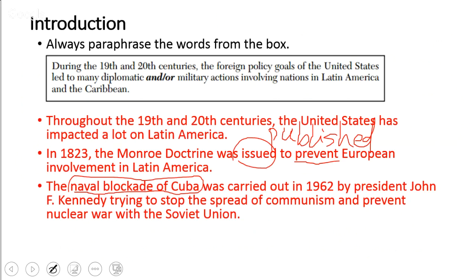You know, block is kind of like to stop, to stop someone from coming out or getting in. The naval blockade of Cuba was carried out in 1962 by President JFK, you know, JFK, right? John F. Kennedy, trying to stop the spread of communism. If you remember that, it's also mentioned in global history. It's about the Cold War.